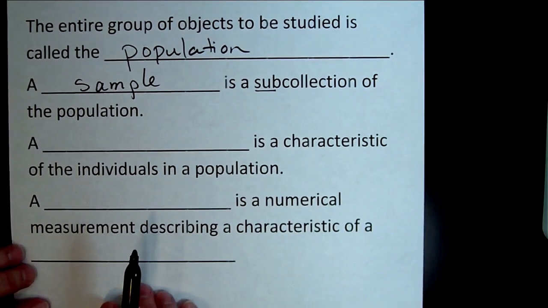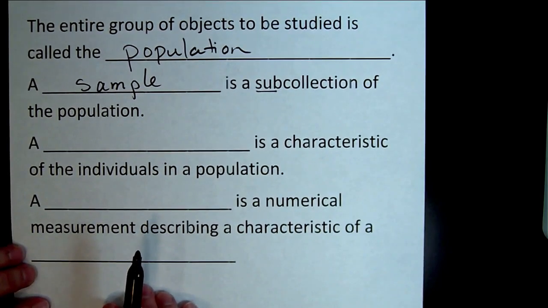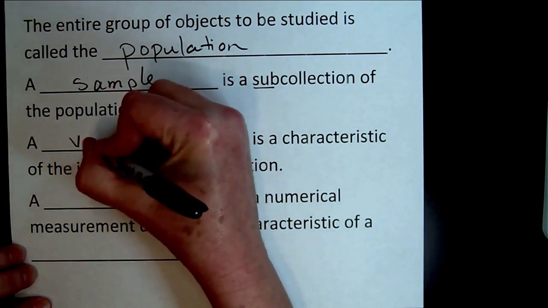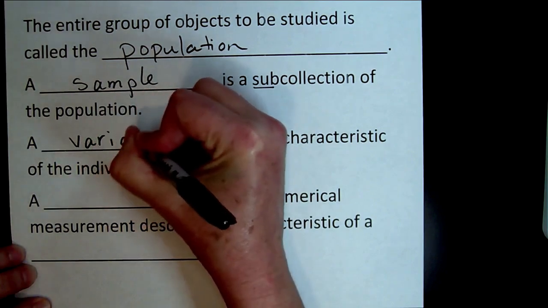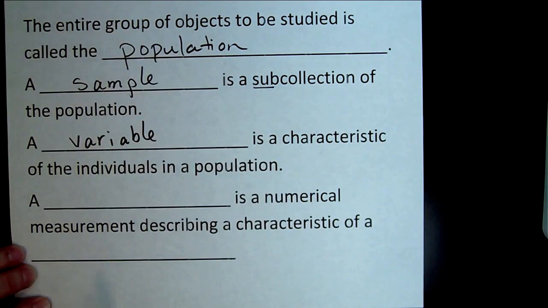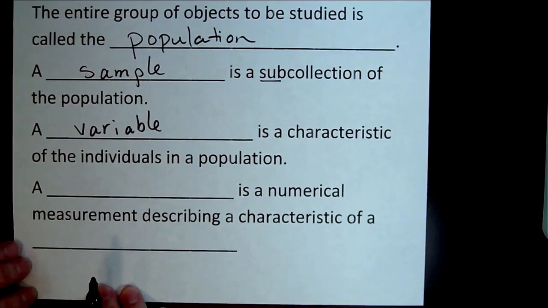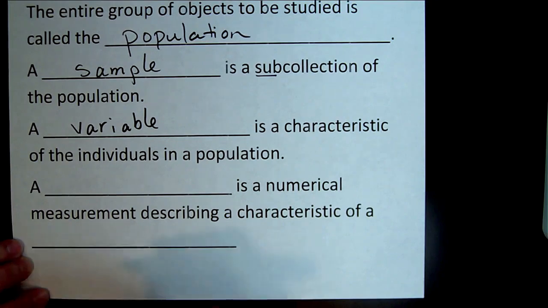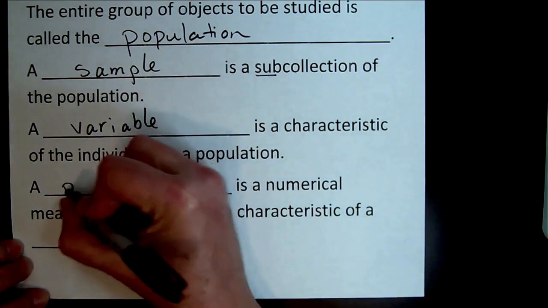So you're studying this population. Typically, you're studying some characteristic of the individuals in the population. In statistics, we call that a variable. So a variable is a characteristic of the individuals in a population. Now, if you measure that characteristic for the entire population, you have something called a parameter.